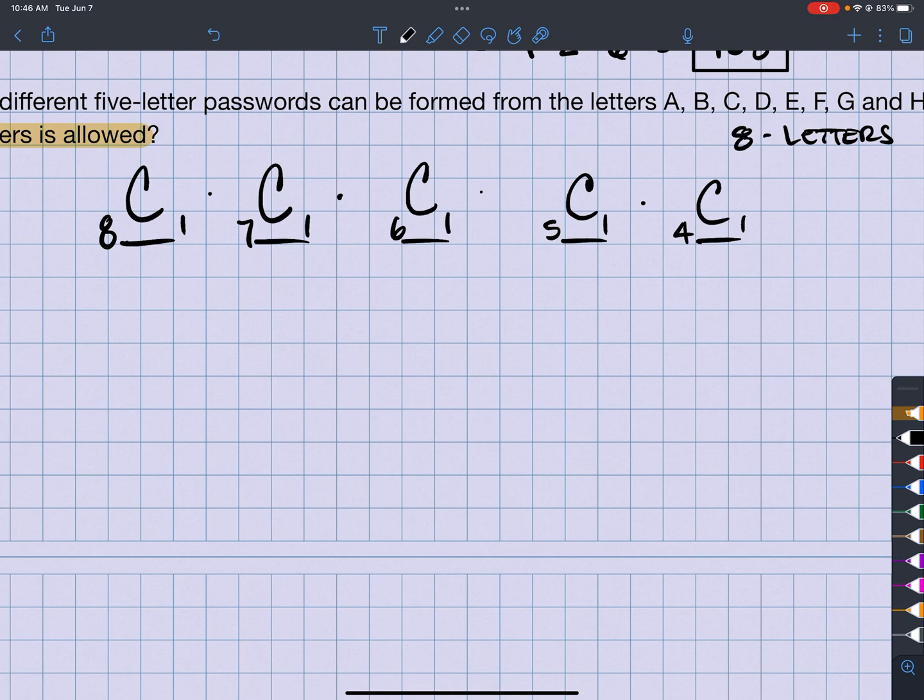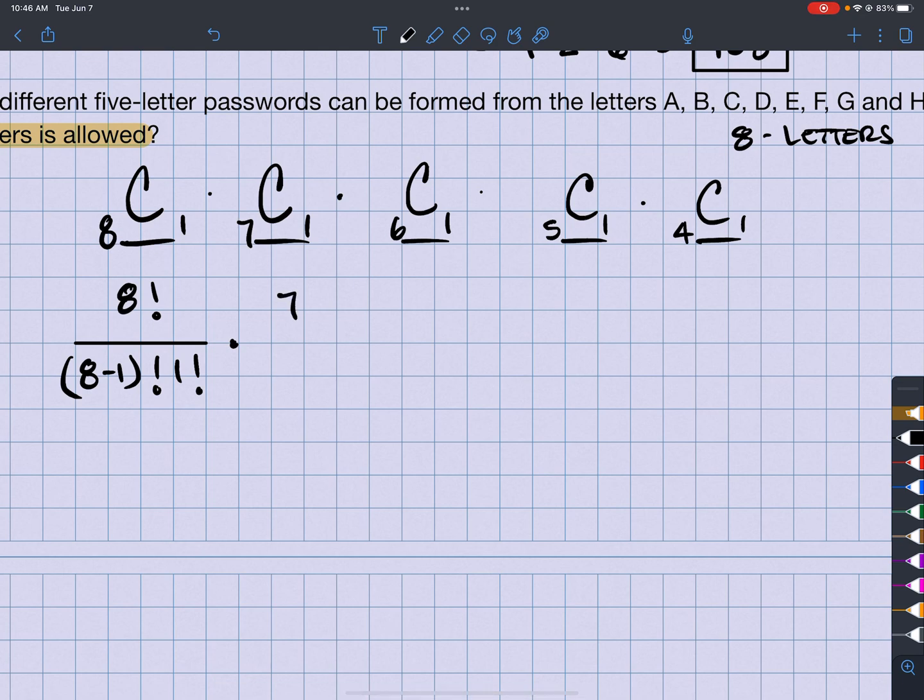So I'll have to do 8 factorial over 8 minus 1 factorial times 1 factorial.